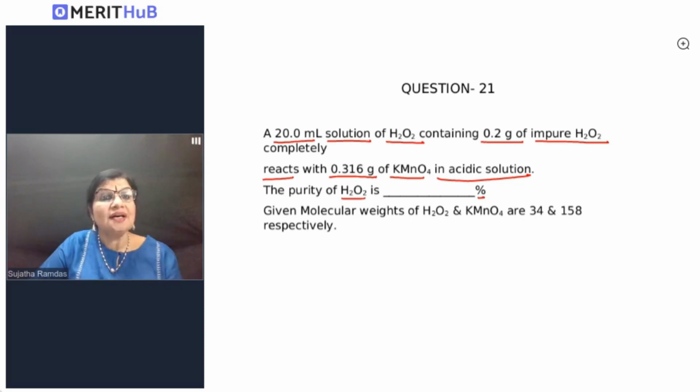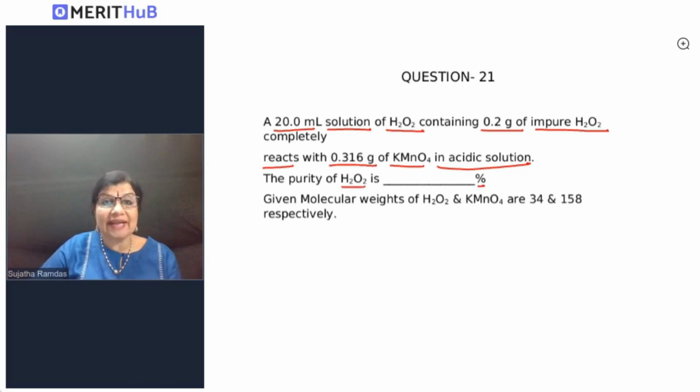So this is a numerical value type question where you have to calculate the percentage purity of hydrogen peroxide in this given 20 milliliter solution. You're provided with the molecular weights of hydrogen peroxide and KMnO4.